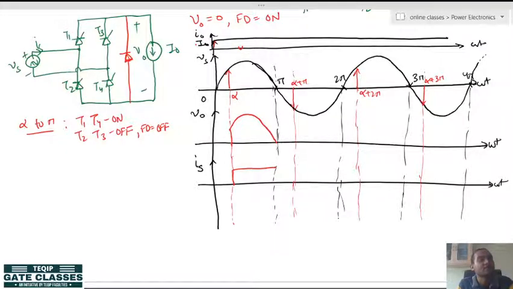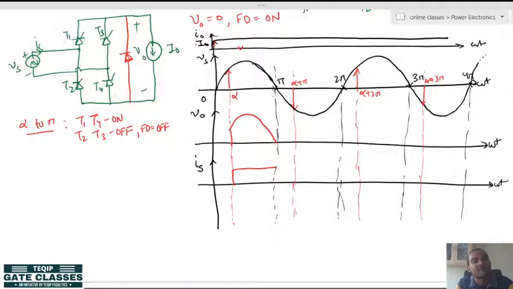Now, what will happen at pi? As soon as the supply reverses, T1 and T4 will become reverse biased, and T3 and T2 will become forward biased, but T3 and T2 will not turn on until they get the gate pulse. When the freewheeling diode was not there, T1 and T4 had to remain forcefully turned on, which is why we got a negative voltage at the output after pi.